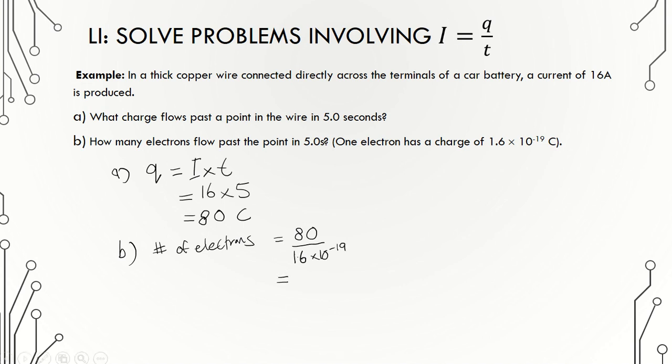I am going to have to use the calculator for this. So 80 divided by 1.6 times 10 to the negative 19 gives 5 times 10 to the 20. So an absolutely massive amount of electrons.